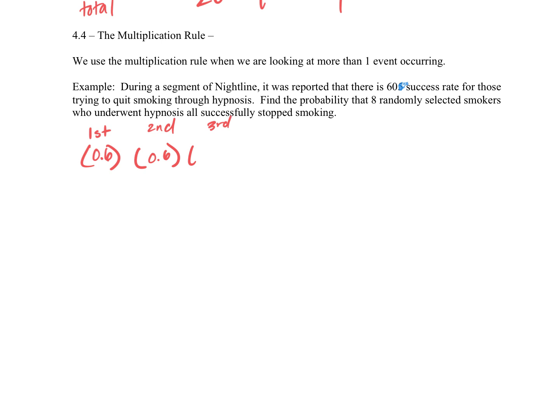Third? 60%. How many of these are we going to have? 8. So how else could I write this? 0.6 to the 8th power.